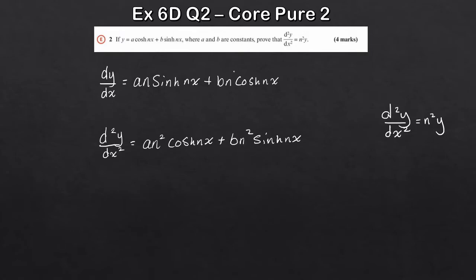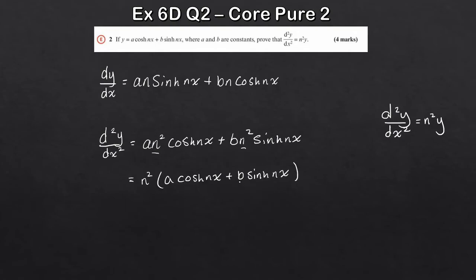Now, don't forget our y is a cosh nx plus b lots of hyperbolic sine nx. So I've got an n squared here, I've got an n squared here. But let's see what happens when we factorise that out. So this will be equal to n squared times a cosh nx plus b sinh nx.